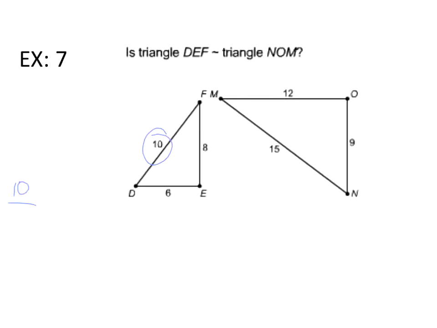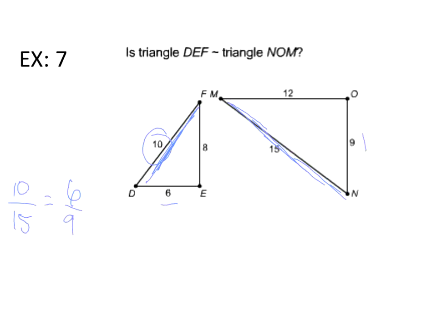So what side does 10 match up with on my other triangle? 15. Yep, MN. So does 10 over 15 equal, and I can pick any other one I want. So I will say 6. So 6 would match up with the 9.